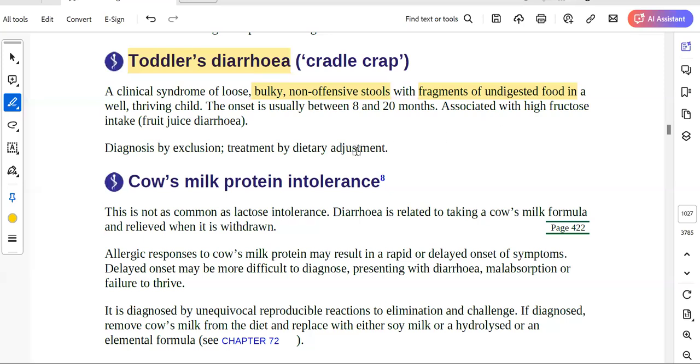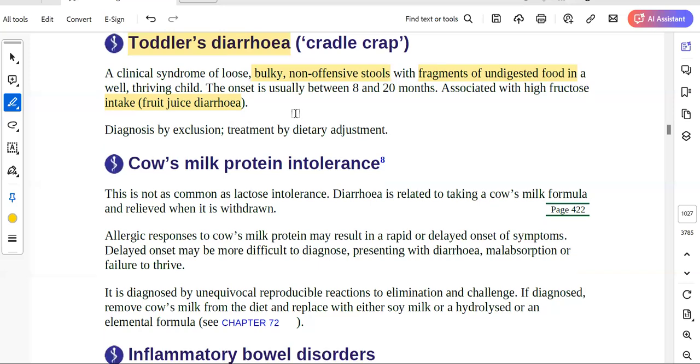This is associated with children who have a lot of fruit juice. That's why it is also called fruit juice diarrhea. So it's a toddler between 1 to 3 years having this non-smelly, bulky stool, with undigested food particles in it, but everything else is normal. That's toddler's diarrhea.